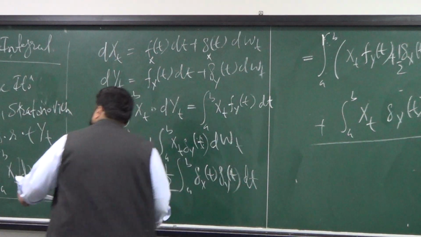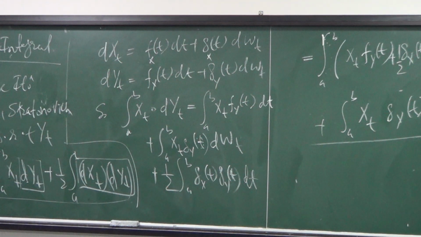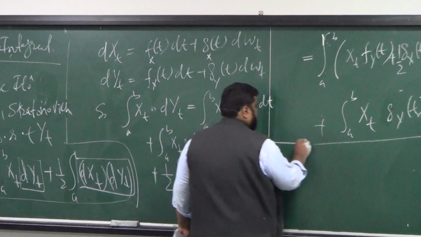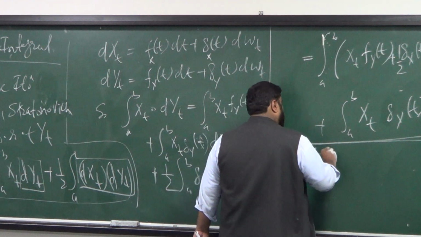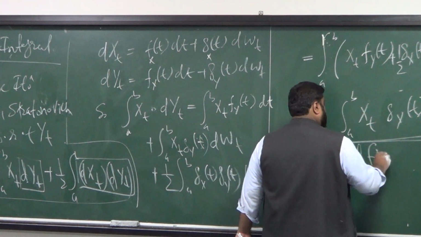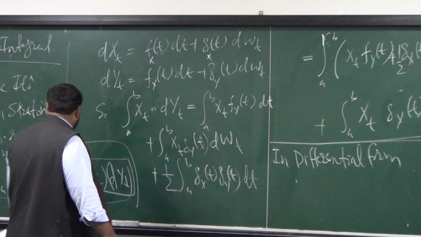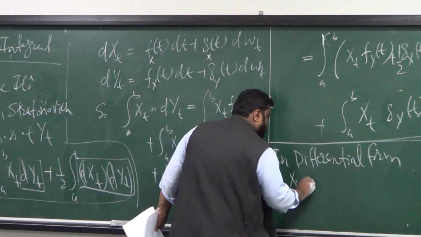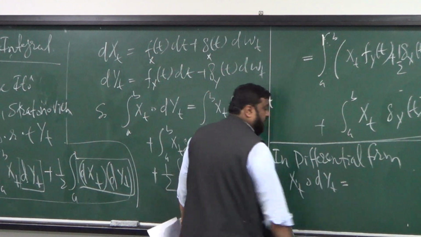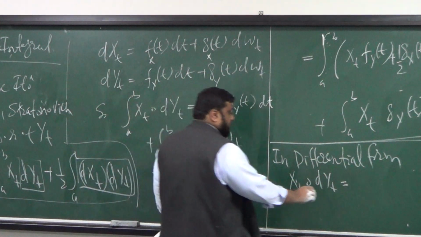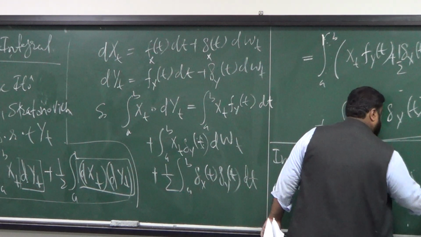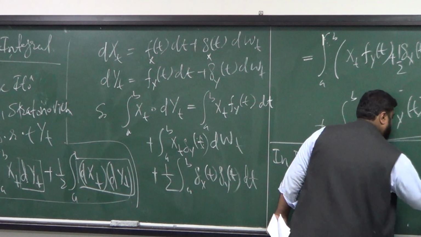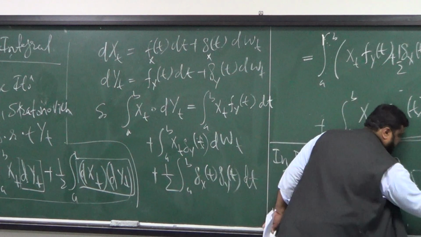If you want to write this in differential form, what would be the definition of this Stratonovich integral in differential form? It's going to be xt Stratonovich dyt equal to xt dyt plus 1/2 dxt dyt. This would be the differential form.